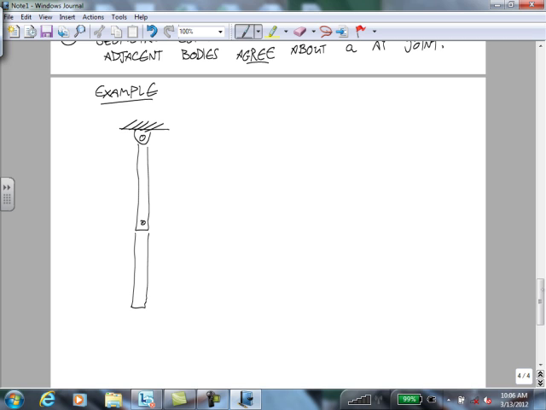So say you have these two slender rods hanging down from a pin joint. Say the length of each one is 1 meter, and each one has a mass of 10 kilograms.